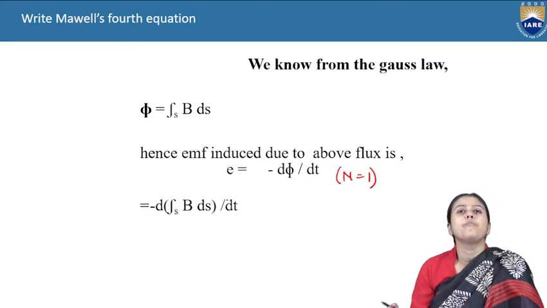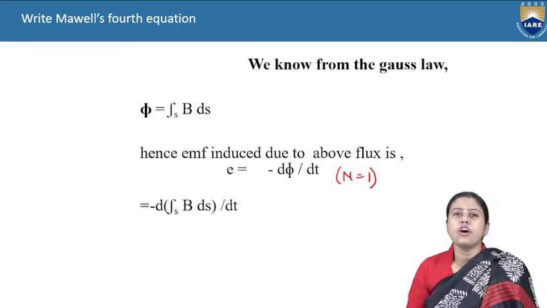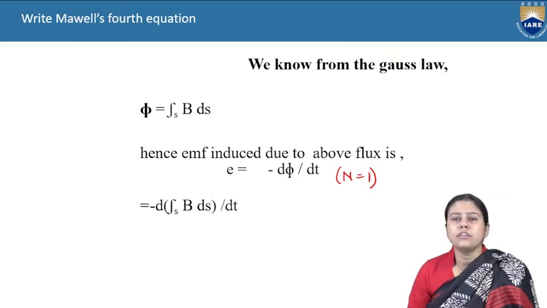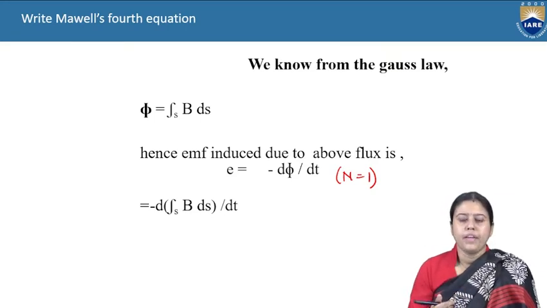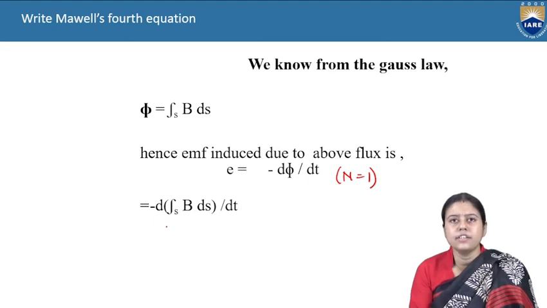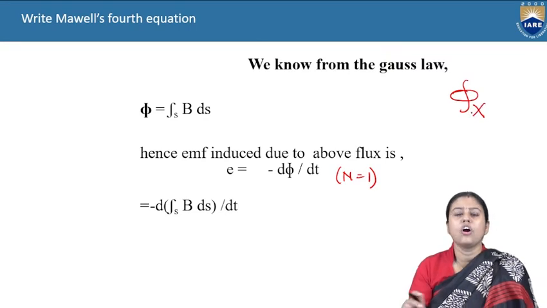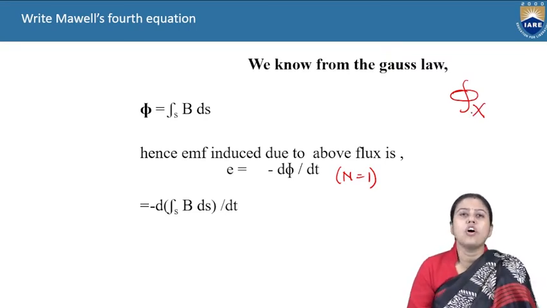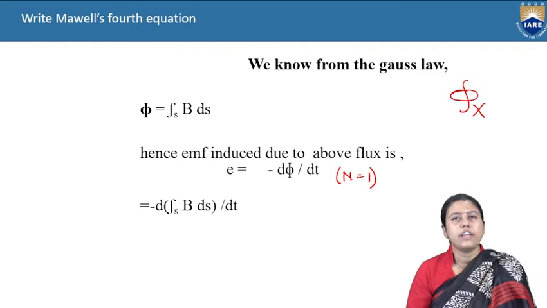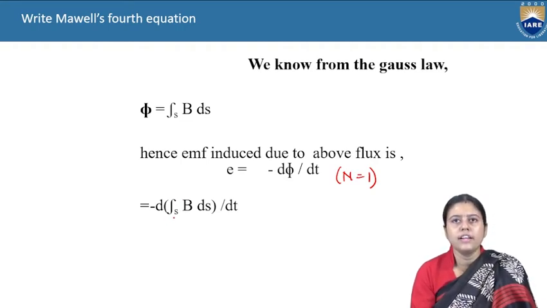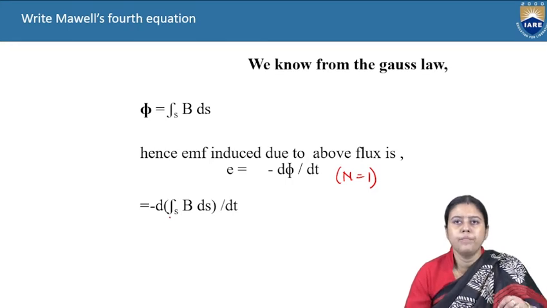One thing in the Gauss law for magnetic field, unlike the electrostatic Gauss law, it is not a closed loop thing. So we can write only surface integral. Do not write the closed loop integral. This is wrong. Closed loop integration is only for the electrostatic field. For the electromagnetic field, we will write only integration over S of B dS.